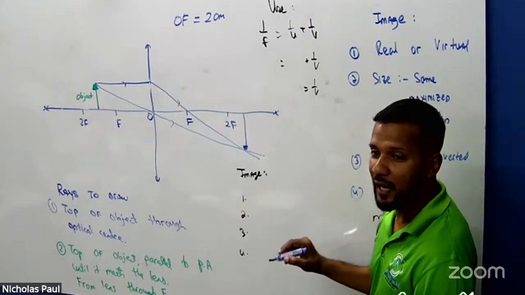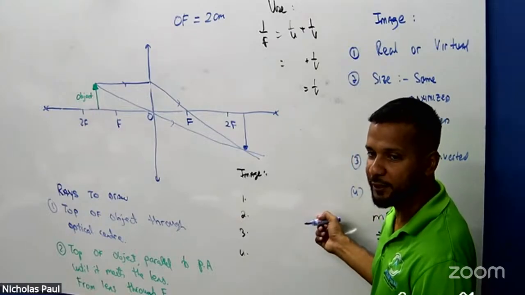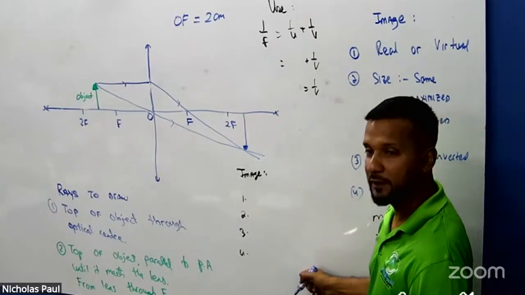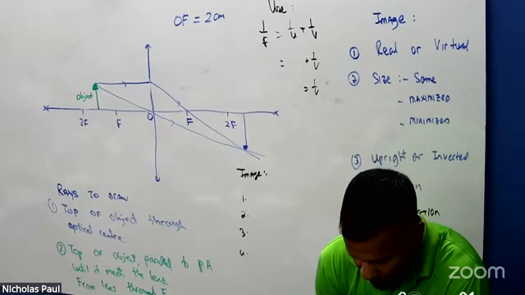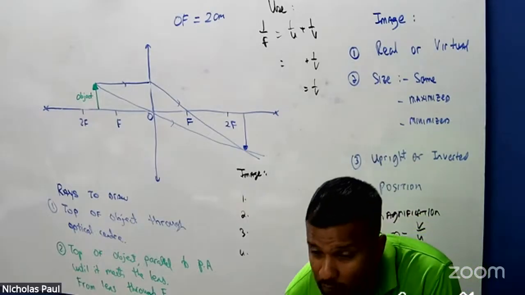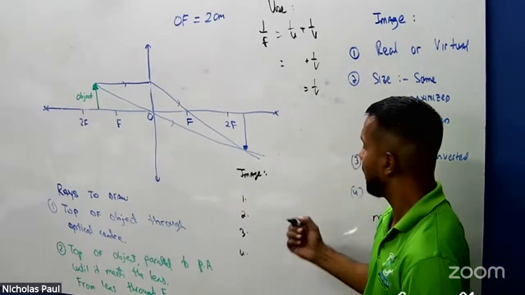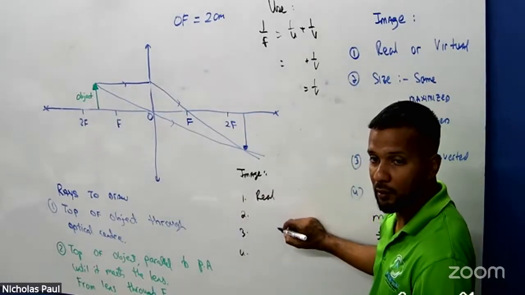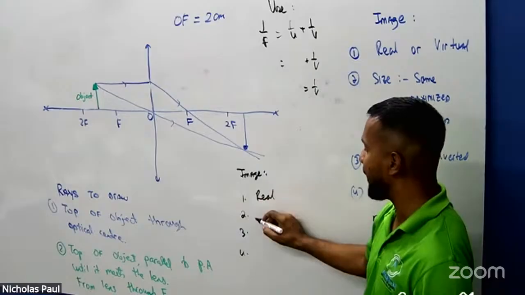Describe this one. Describe the image. First one is real. Magnified, bigger, nice.